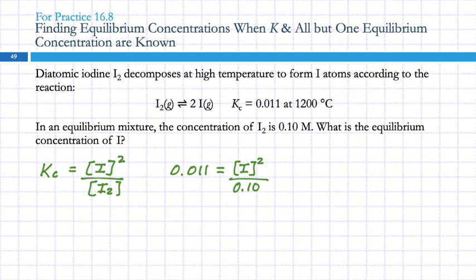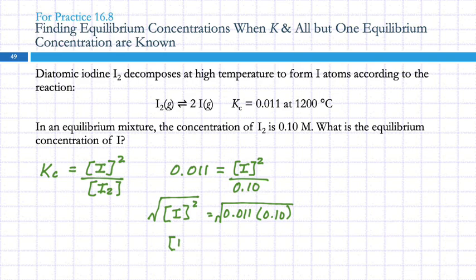So I'm going to multiply both sides by 0.1. So that's going to give me I squared is equal to 0.011 times 0.10. And then to get rid of the square, I'm going to take the square root of both sides.